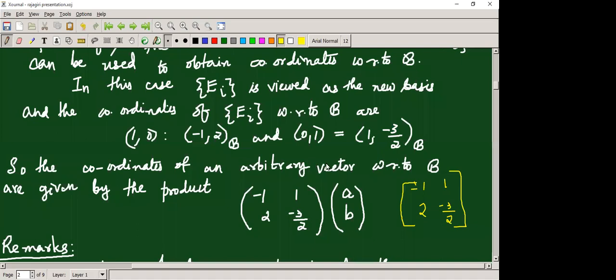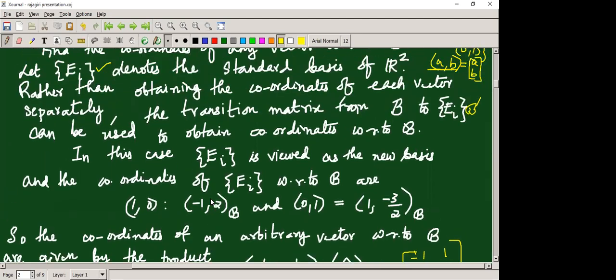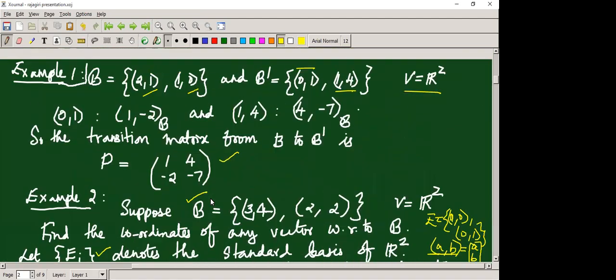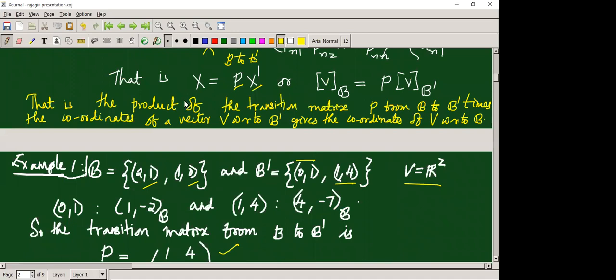The coordinates of an arbitrary vector with respect to B are given by the product P into X. We have seen in the previous slide that X is equal to P into X dash, that is, the coordinate matrix of V with respect to B, the first basis, is equal to P, the transition matrix from B to B dash, into the coordinate matrix of V with respect to B dash.